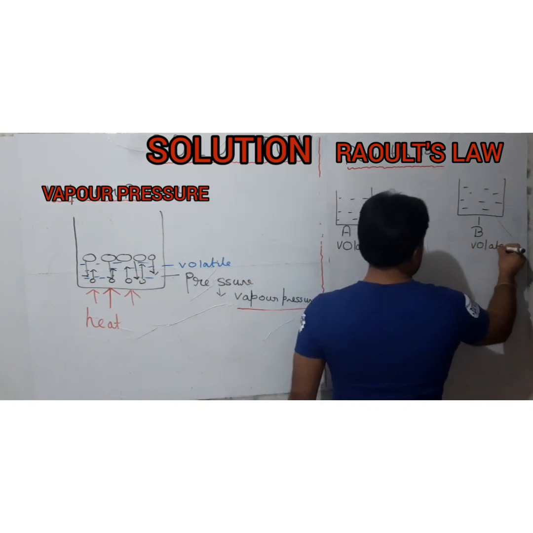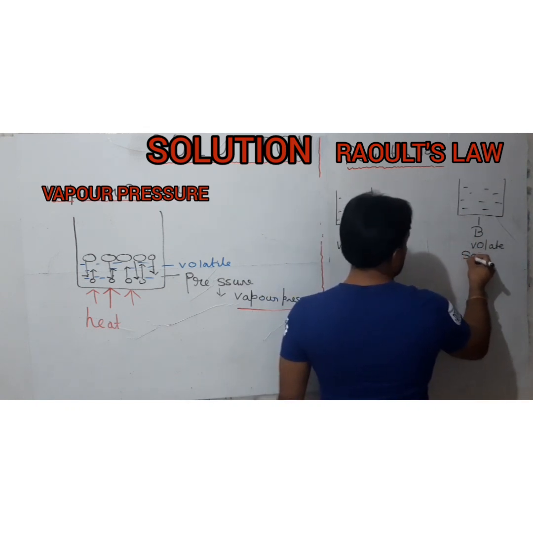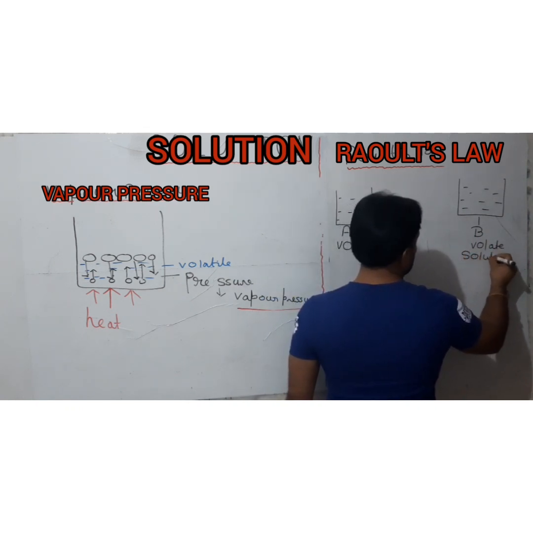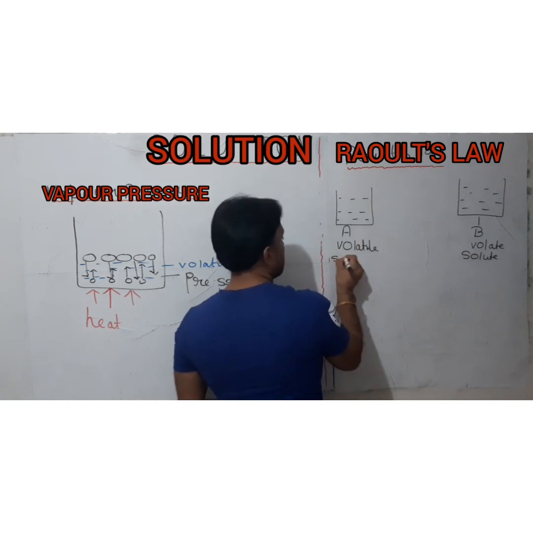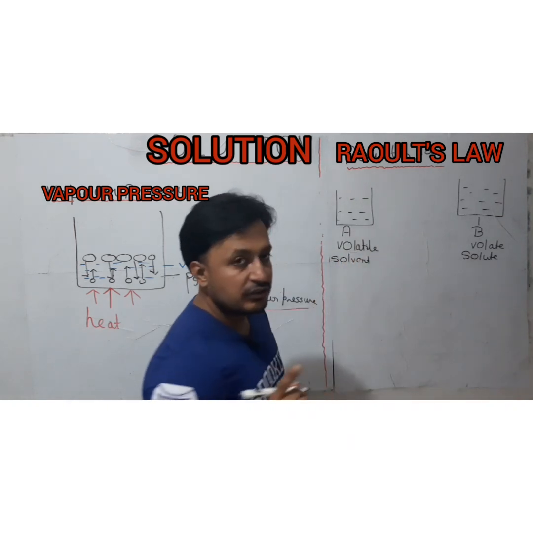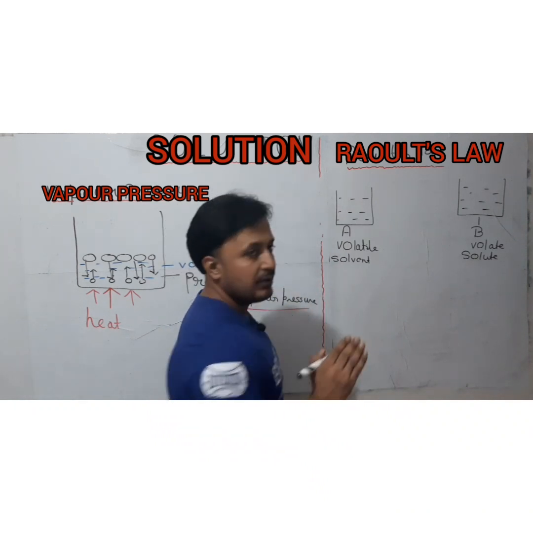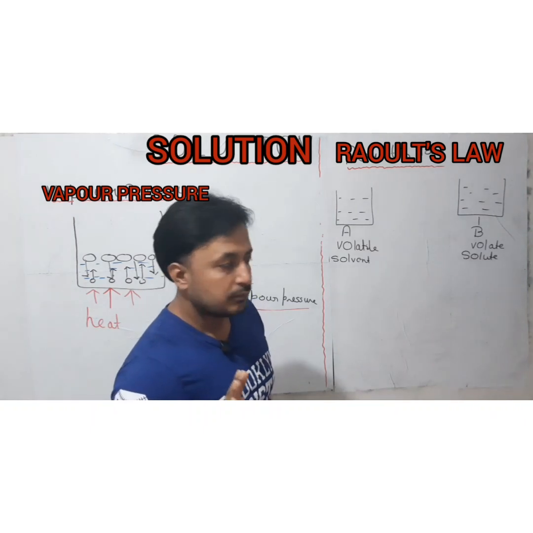Suppose, as B component I always consider it as solute. So suppose this is our solute and this is our solvent. So when they are in their original state, meaning the pure state, they must have some kind of vapor pressure, because they are volatile.